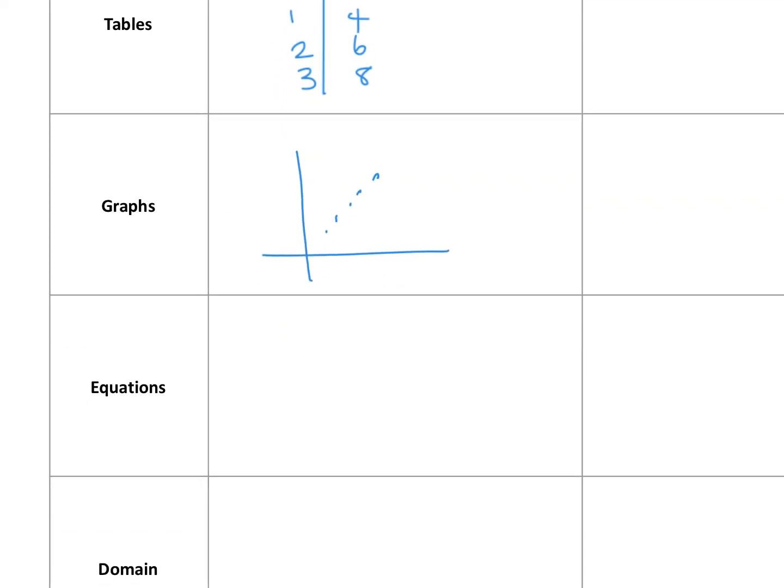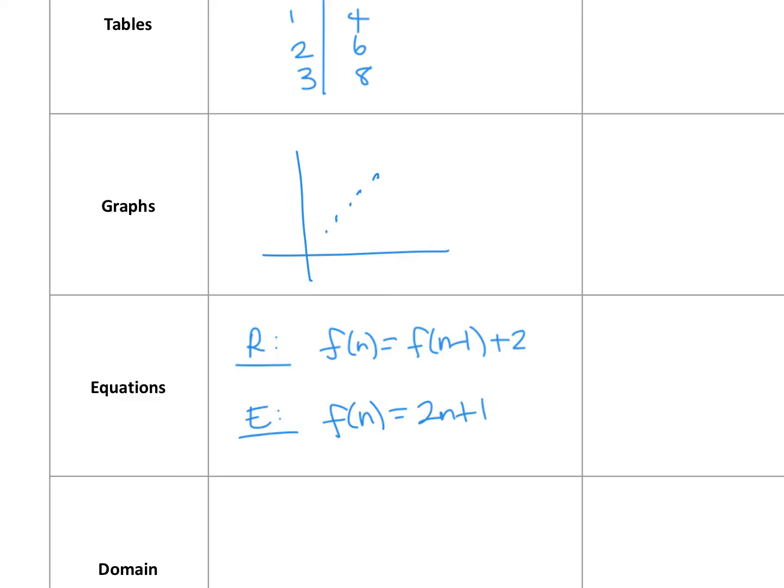For equations, we can actually write both recursive and explicit. So I'm going to do a linear example. f of n equals f of n minus 1 plus 2, which explicitly could be written as f of n equals, let's just write 2n plus 1.